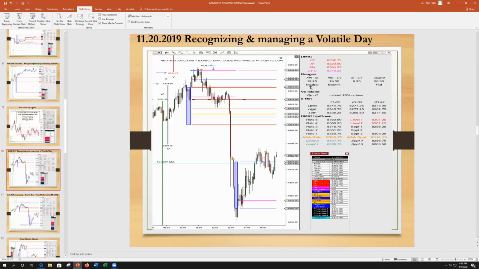Preferences for the market to travel between the high and low of DMIC rectangle 1. So here's the high and low, and we're expecting the market to travel at least between those two. The orange time team signal at the top here indicates a reverse. The signal HOD is clear.